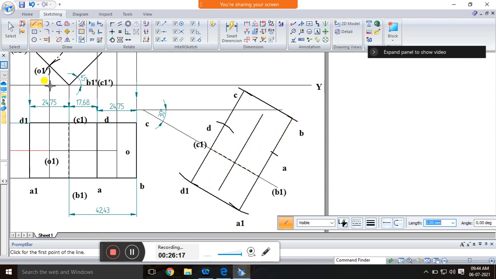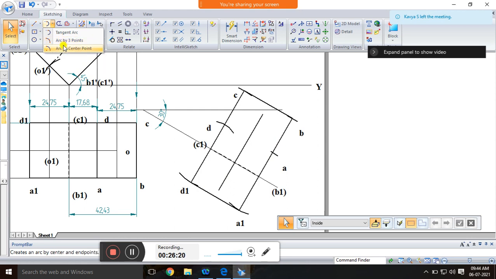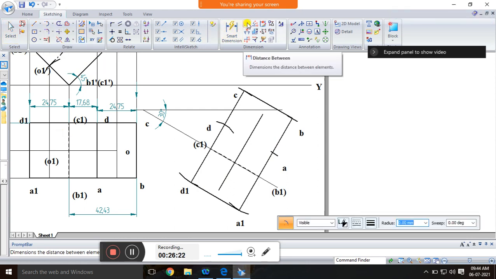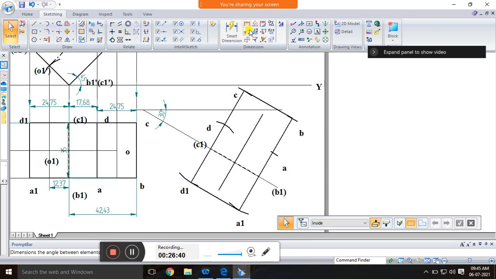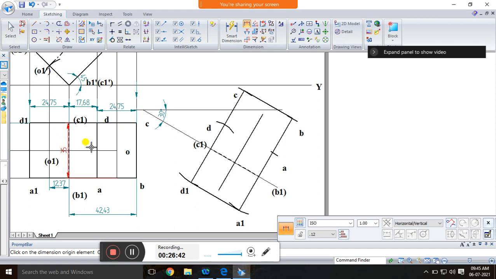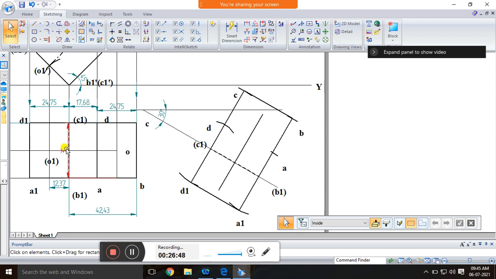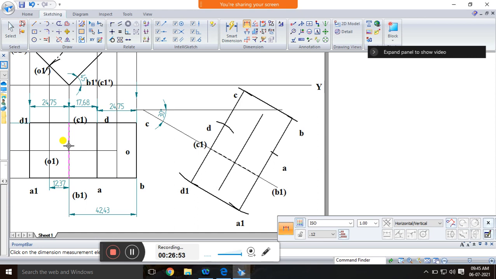Just draw the vertical line and take the same compass, and first measure that. From here to here, what is the distance? And from here to here you need a distance, correct? You just use your scale and measure this.